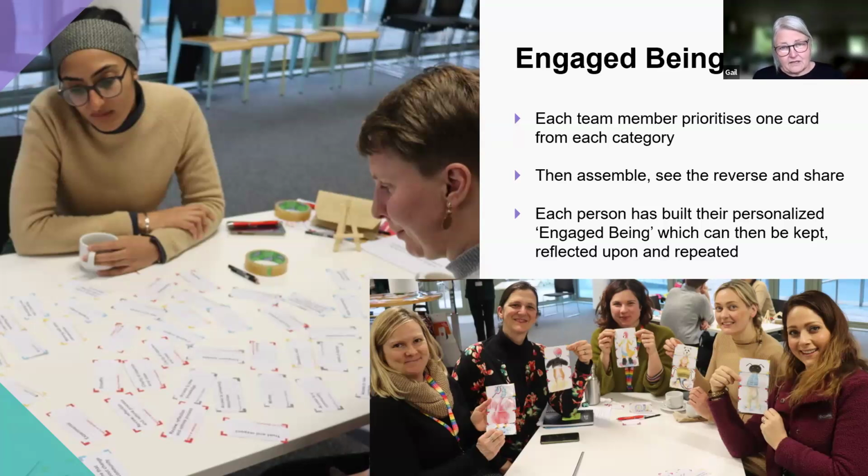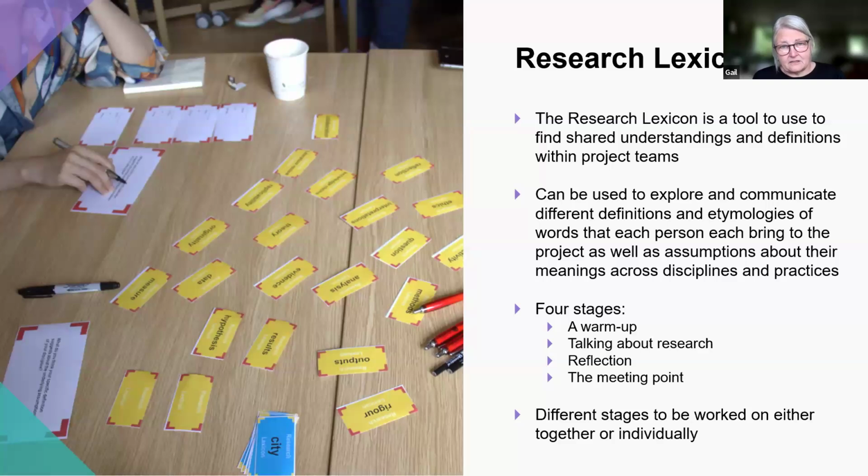So that's one toolkit. I now want to talk about the research lexicon. While this can be used at different stages of a research project, we think it's more critical to use this either at the inception stage or at the beginning of the project. So it's a tool to find shared understanding and definitions.